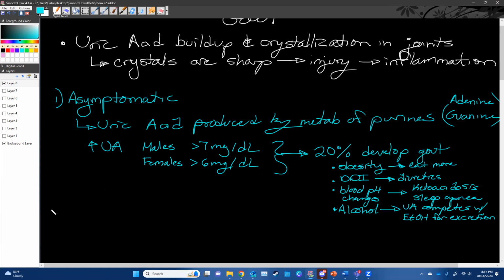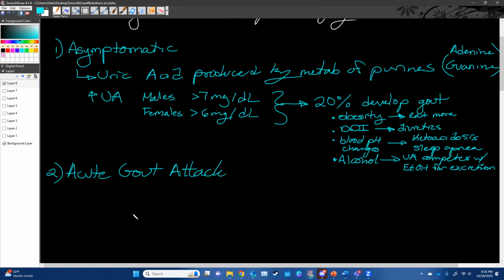All right. So you have high levels of uric acid for about 10 years. You don't change your diet, and now you have an acute gouty attack. This is where you're getting the crystallization and the depositing of crystals. The gouty arthritis.